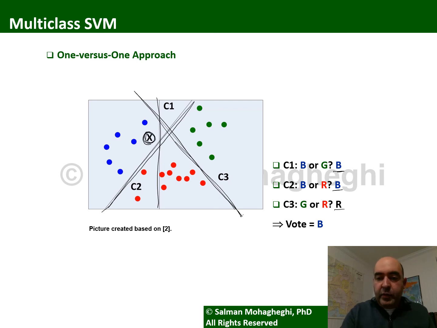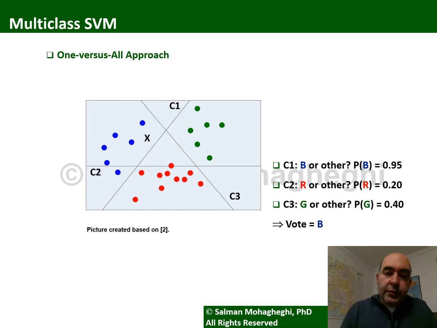So I have blue, blue and red, and essentially I do a simple voting and I would say this observation belongs to class blue. If there is a tie, let's say you have 4 classes and this gives you 2 blues and 2 reds, then you would look into the distances, for example, or probabilities to decide which one would be the eventual class.